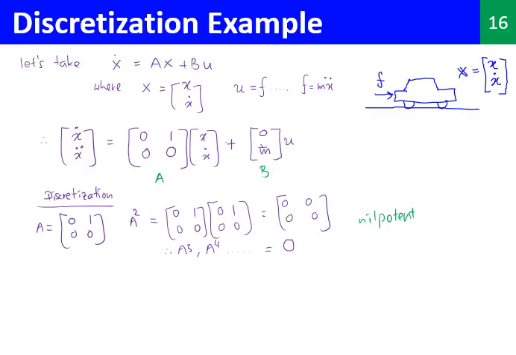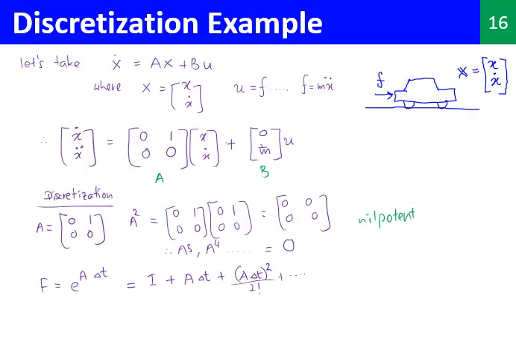Okay, so we can find F. So F is equal to e to the power A delta t. Delta t is the step size or discretization time step. So we can simply write this matrix exponential as I plus A delta t plus A squared delta t squared over 2 factorial and so on.